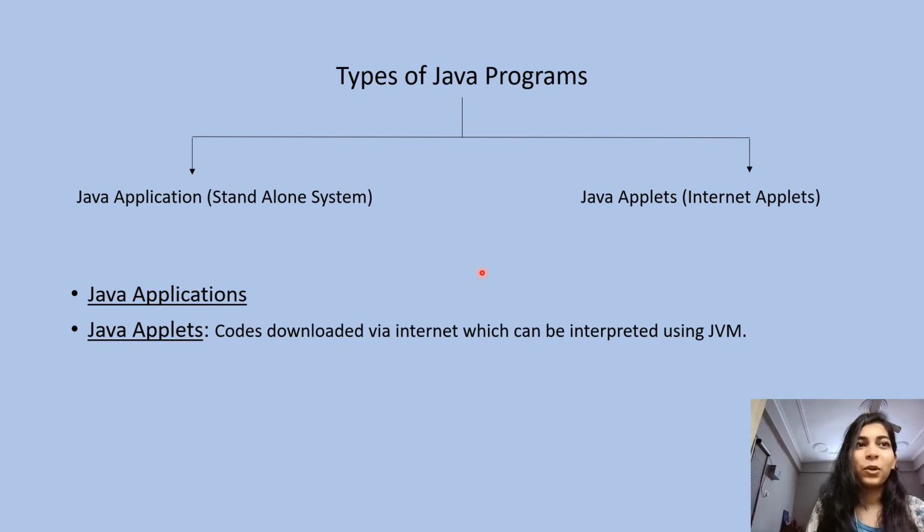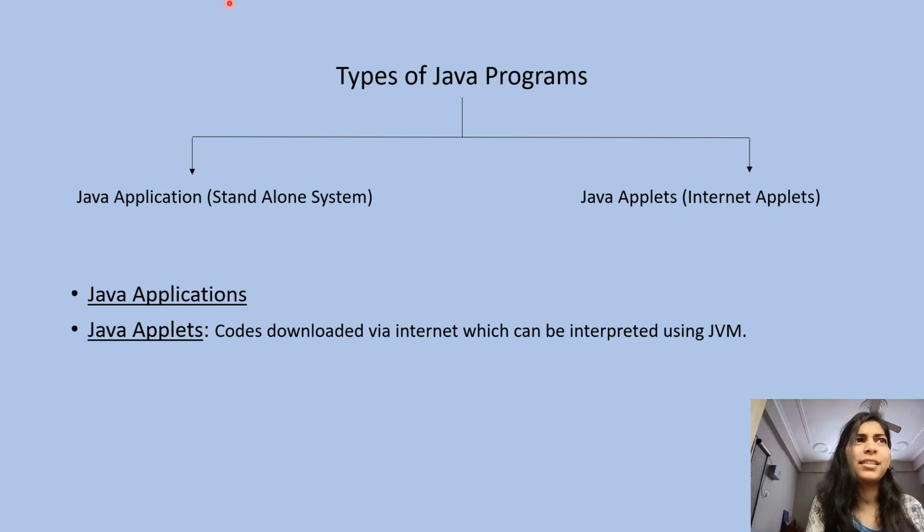Also, easily we could say that Java applications are user-defined codes, user-made codes, whereas applets are codes which are downloaded via internet, which are then interpreted by the browser's JVM, right? Further, the javac command, which we saw in the how Java works slide, you could go back, rewind, and see there.